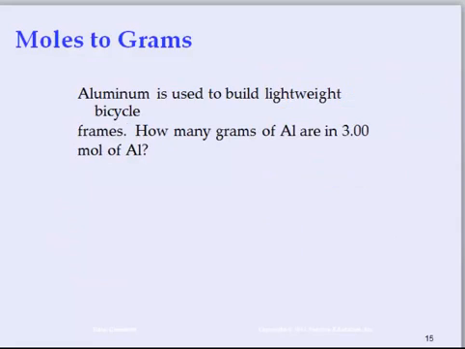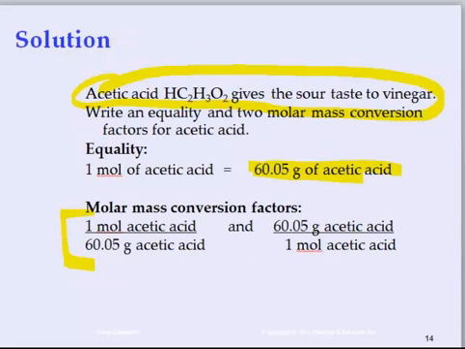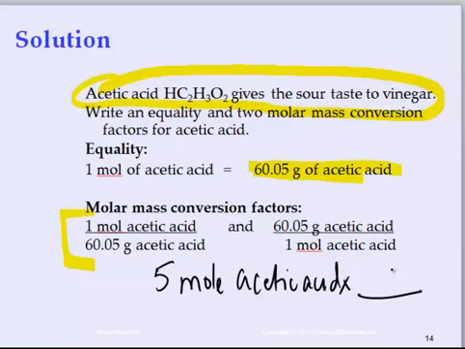So if I asked you how much would 5 moles of acetic acid be, then you would write down 5 moles of acetic acid times, and you will then decide which conversion factor to choose. And as I've told you, if you have moles here, you need to have moles on the bottom, which would be this one.